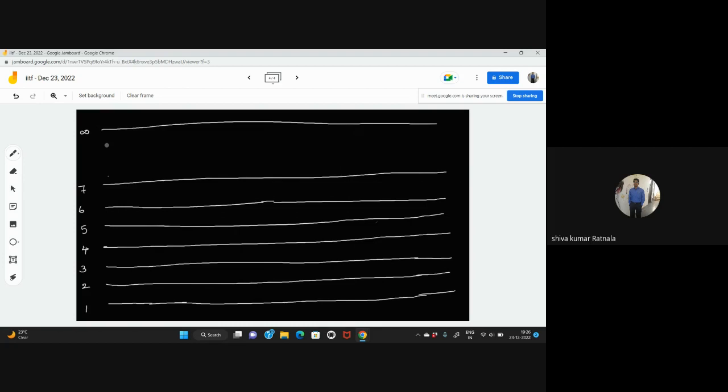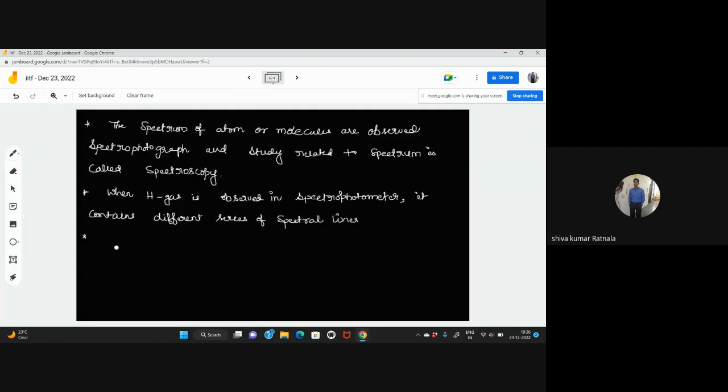The higher level I'm always going to indicate with n2, and lower level always with n1. So let me write here this series, and I'm going to identify the region also. We can identify by knowing the formula.